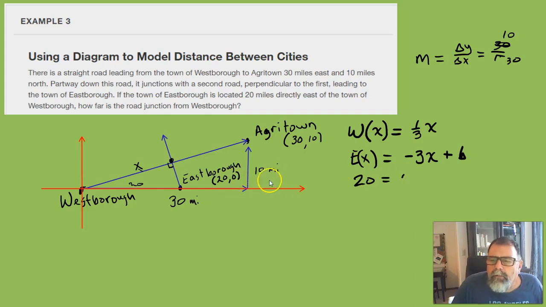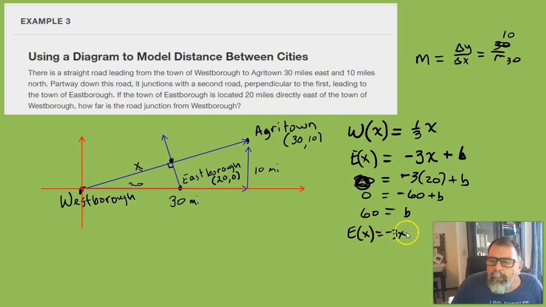Oops, I did that backwards. So this would be 0 equals -3 times 20 plus b. So that's -60. Add 60 to both sides, so b is 60. Okay, so the equation for Eastboro is -3x plus 60.